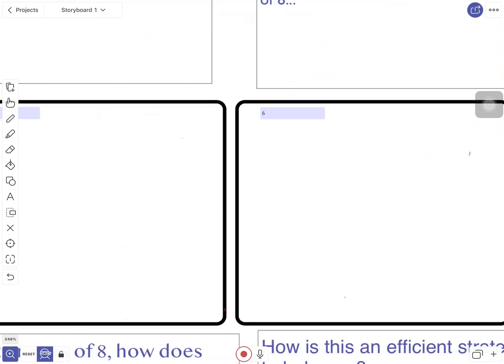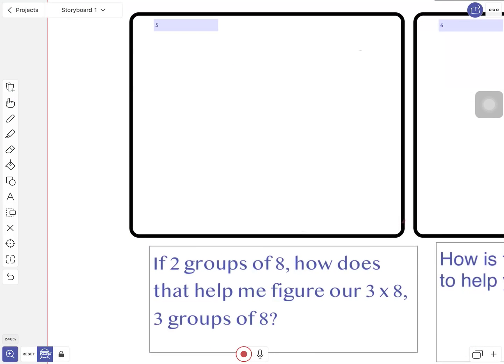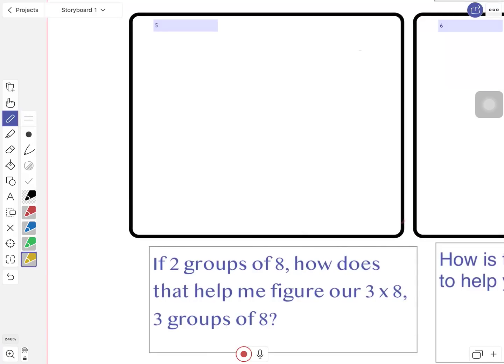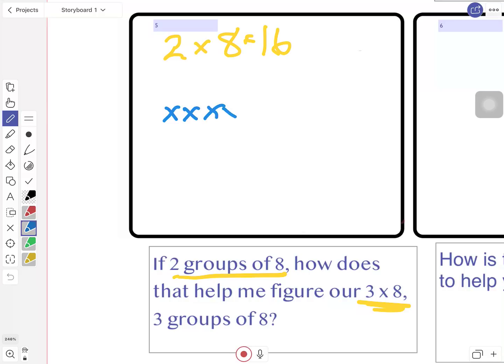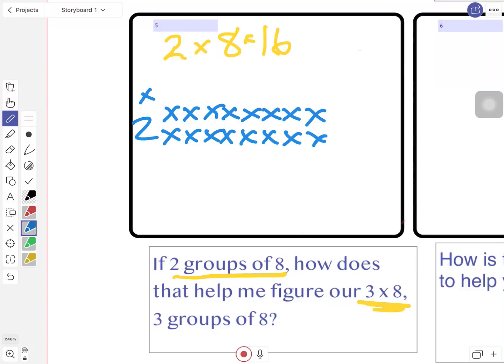So how does that help me? Well, let's see. I know the product of 2 times 8 equals 16, 2 groups of 8. And I need to figure out 3 groups of 8. Well, if I do my array for 2 groups of 8, 1, 2, 3, 4, 5, 6, 7, 8, I just need to add one more group of 8. 1, 2, 3, 4, 5, 6, 7, 8.